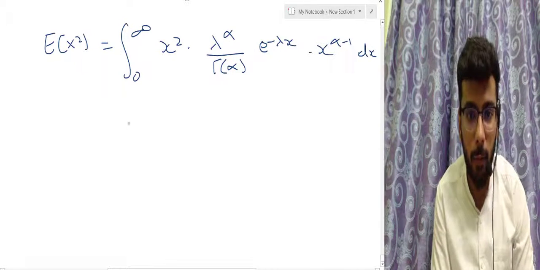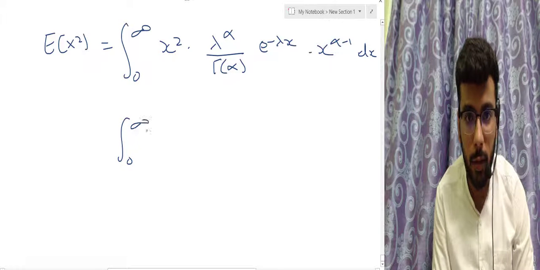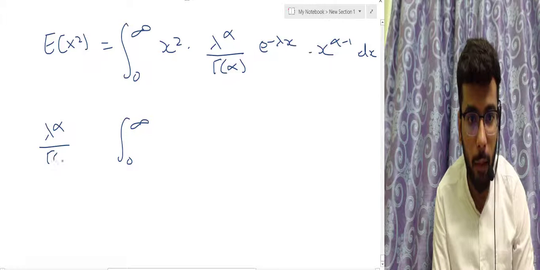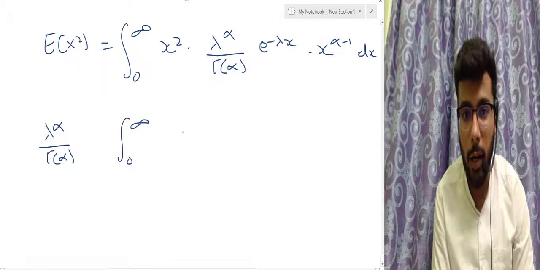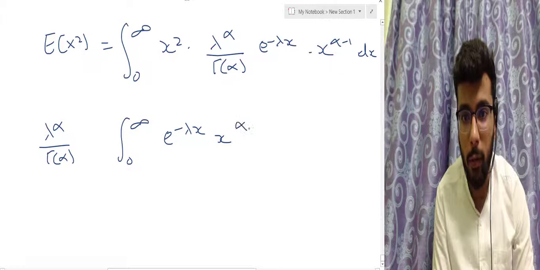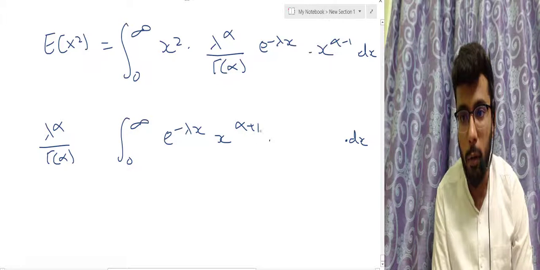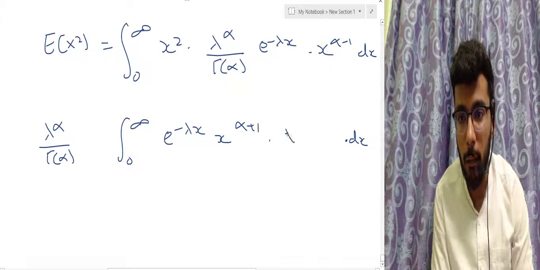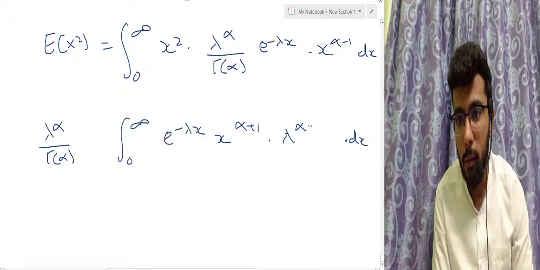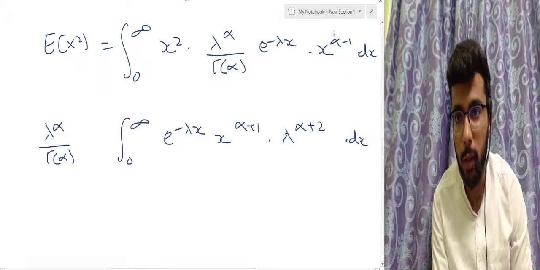So this time lambda to the power of alpha and gamma alpha will come outside, and you will have e to the power of minus lambda x and x to the power of alpha plus 1. Now that you have an alpha plus 1 term here, you need a lambda to the power of alpha plus 2, because this has to be 2 more than the original, 1 more than this.